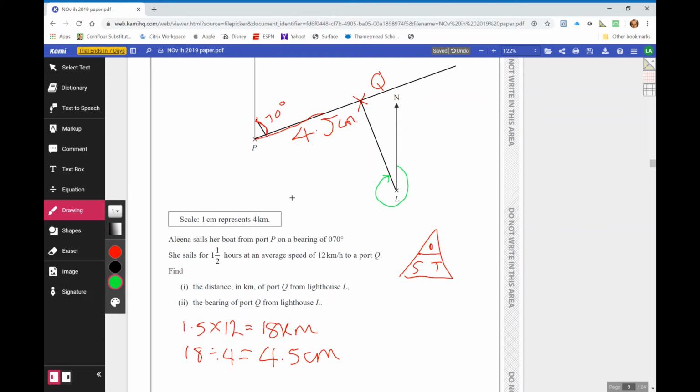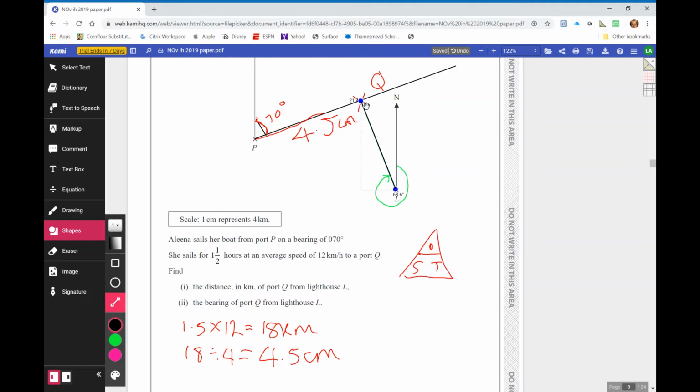So you'd get your protractor and measure from there, see what that is.